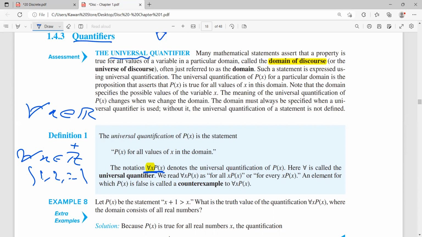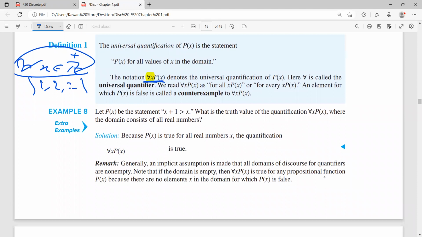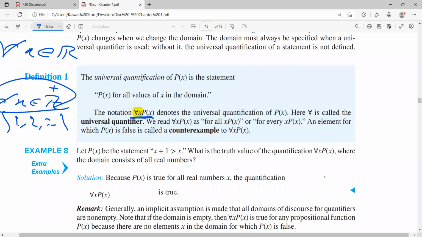Why? Because I say for all x in where? In positive integers. Understood? Good. So you can see from the example here. Let P be that statement. So show me. Now the domain is what? All real numbers. So show me that one is right or not.